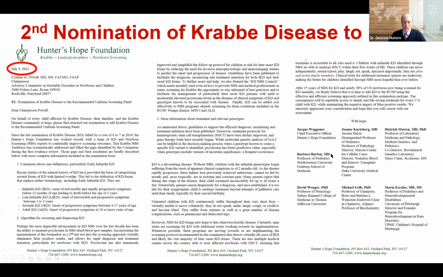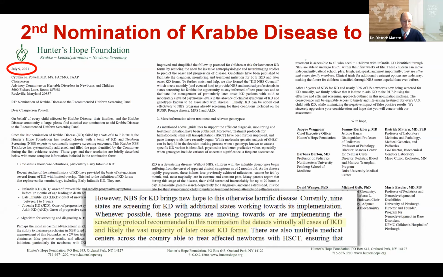And what is maybe unique, but probably something that you will see more frequently in the future in nominations, is that it's not just about Krabbe disease, but it is about a process of how to do the newborn screening, which really looks to identify those babies with Krabbe disease that need the early initiation of treatment. And making the later onset variants that you may not always identify with the proposed strategy a secondary target in RUSP terms.